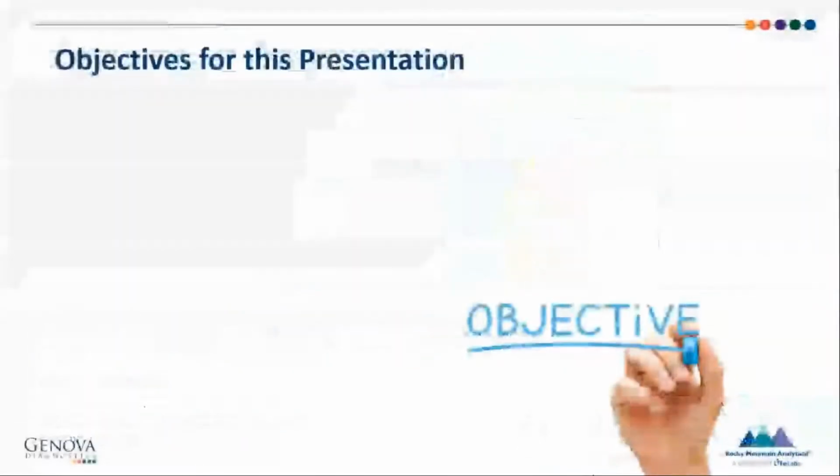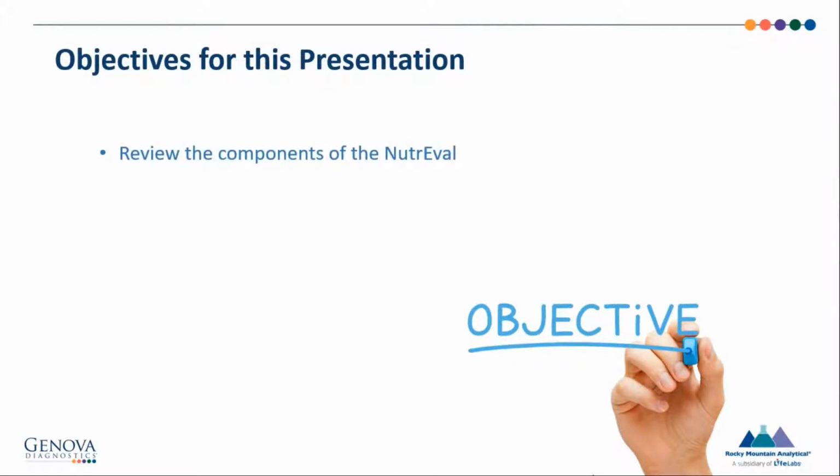So as we look at this NutrEval, the objectives for this presentation are to review the components of the NutrEval. It has several moving parts that we're going to look at individually, to discuss plasma versus amino acid options. In other words, there are 2 types of NutrEval, and the only difference is going to be the option around amino acids, either a first morning void or a plasma, and we'll look at the differences there as well.